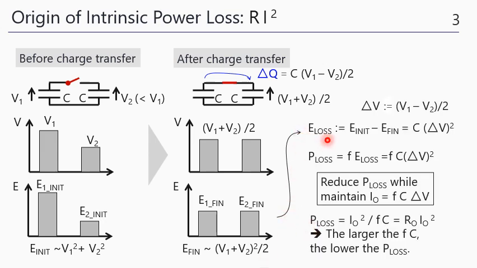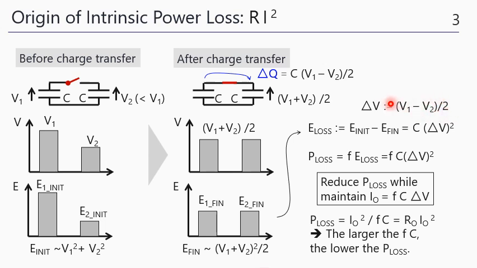So let's define the energy loss as the difference between the energy stored before and after charge transfer like this. You can simply calculate it to be this number using the delta V defined by this.